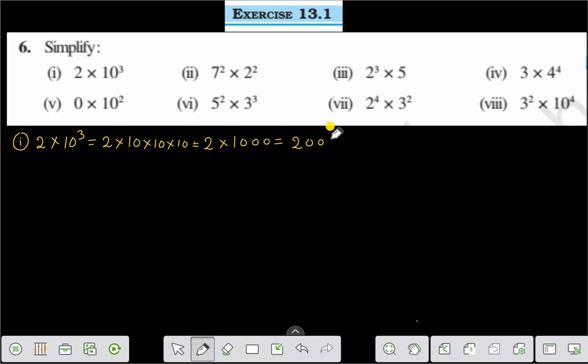This is the answer of question number 1. That is, we are getting 2000 for question number 1.